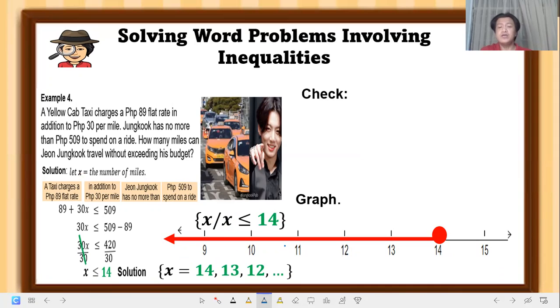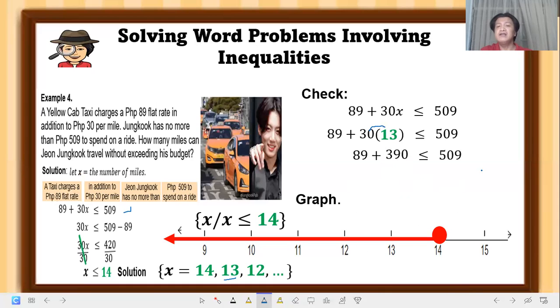Okay? And therefore, you are going to check. Copy the inequality. Then choose any one value in the solution set to see if the statement is true. So let's say I choose 13, and substitute it. If you want, 14 or 12 or any number in the solution set will do. When we multiply 30 times 13, that is 390.